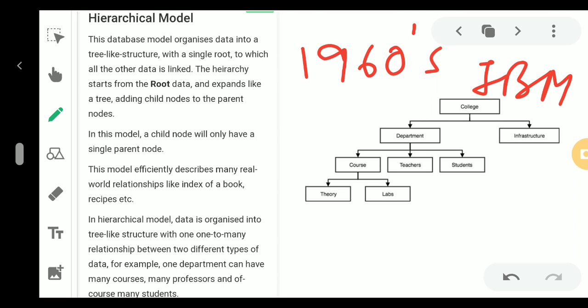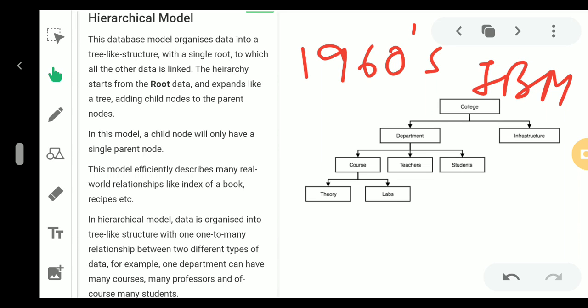In the example I have given, theory and lab are part of a course. Courses, teachers and students are part of the department. Department is part of a college. In this way, in a hierarchical format, we have arranged the data and denoted the relationships, forming an inverted tree format.